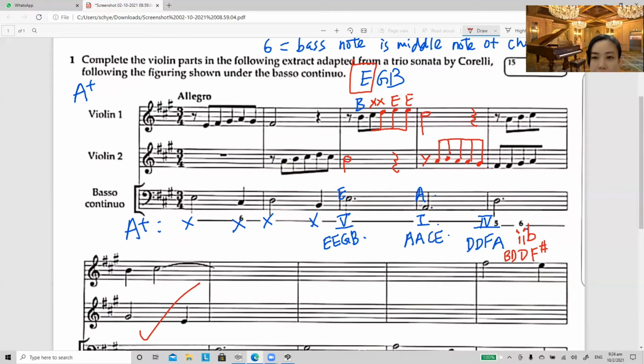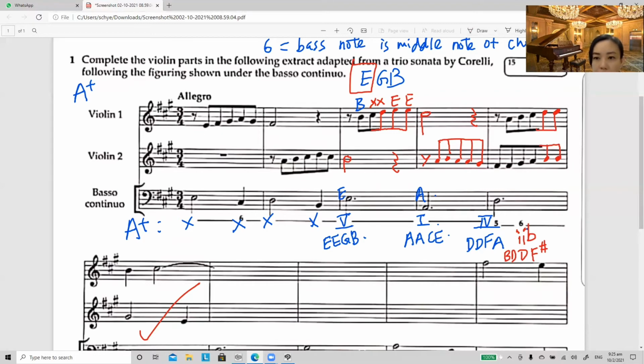Next bar, they suggest both violin 1 and 2 play the melody together. So this is B, D, F. I will choose D at the top line, which is a chord note. 2 Ds. And the middle line, I will choose B, 2 Bs, to fill up the notes.